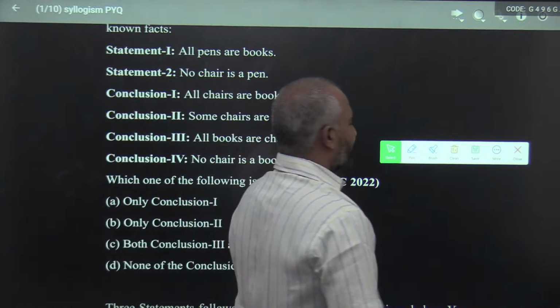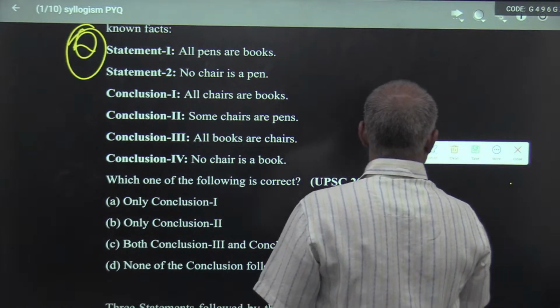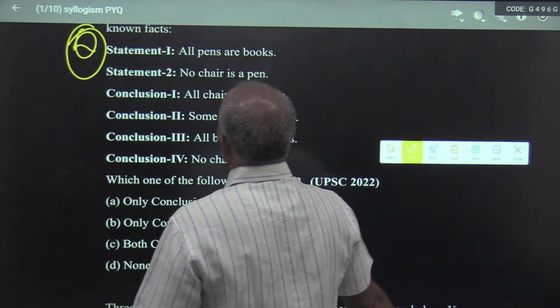I hope every one of you has solved. So let's start solving this.